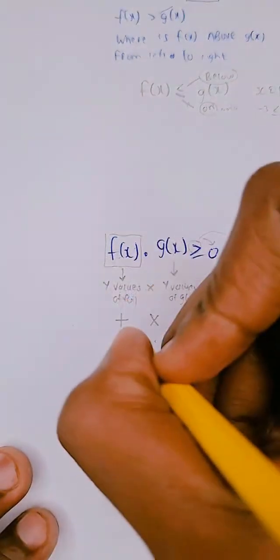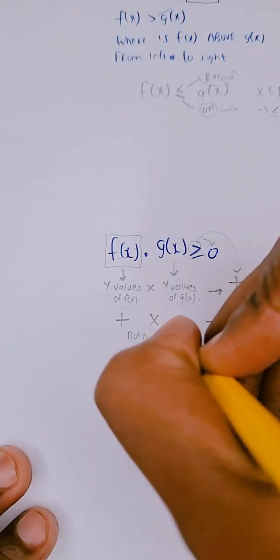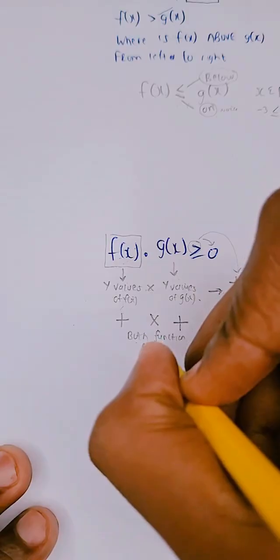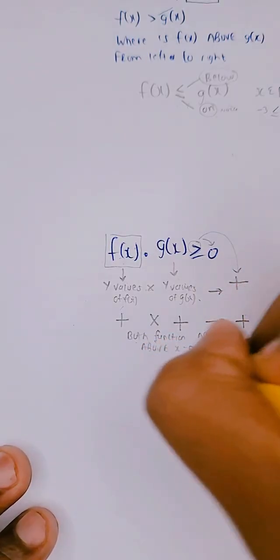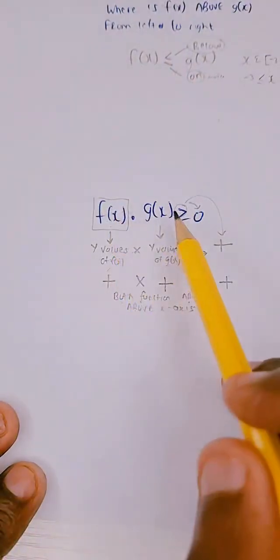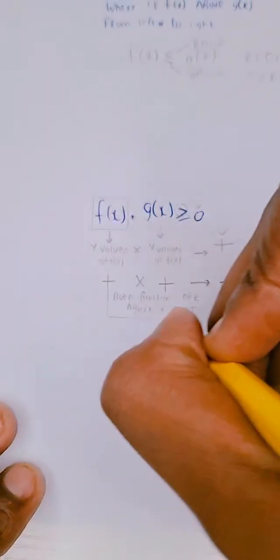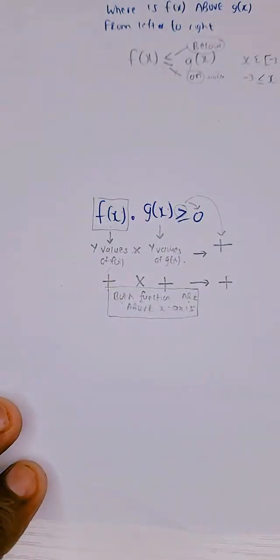That means we are looking for where both functions are above the x-axis. Because where do you get positive y for f and positive y for g? You get it where both your functions are above the x-axis.